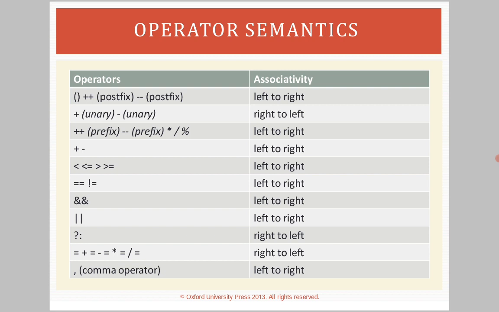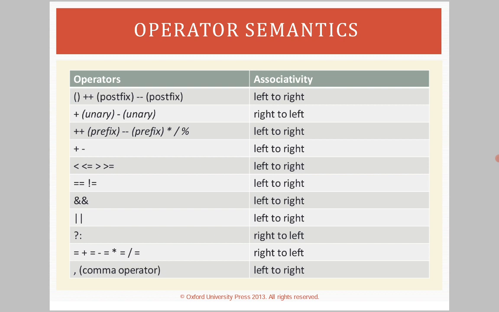First one is arithmetic operators: plus, minus, star, slash, percentage, like that. Second one is relational operators: less than or equals to, not equals to, like that. And logical operators: and, or, not, and bitwise operators and special operators.